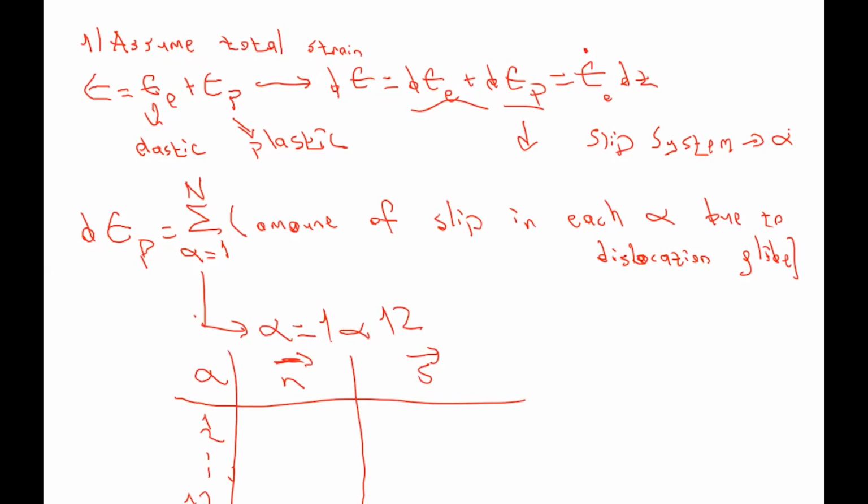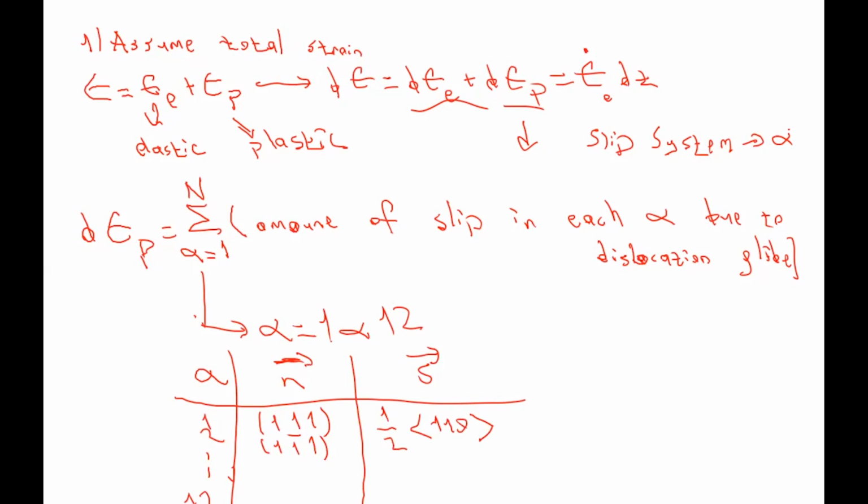Always {111}, right? This is the family. And what is the slip direction? <110>. Always, the Burgers vector, the dislocation direction, is <110>. In total, we have 12 slip systems. Perfect. So far, so good.